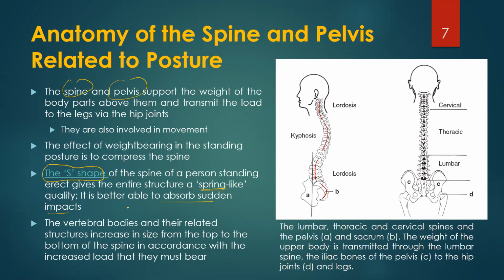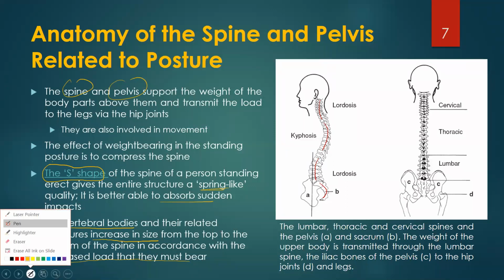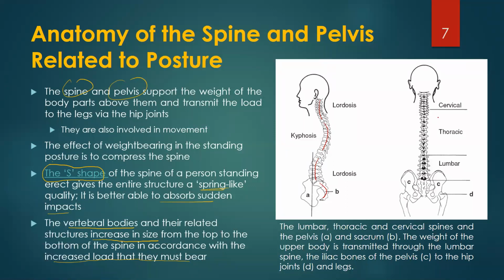Another important point is that the vertebral bodies, the bones of your spinal column, and their related structures increase in size from the top to the bottom of the spine. Why is it important? Because it is in accordance with the increased load that they must bear. As we move down in general, their size increases.